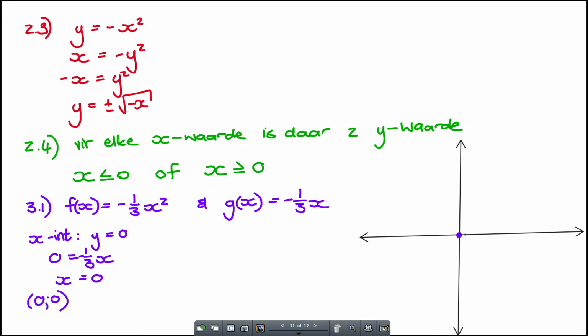So hy gaan definitief hier deur die oorsprong gaan. Now, the same will happen if I get my y-intercept. It's still just going to give me the origin, 0 and 0. Okay. Then the next thing that I want you to look at is the sign over here. When it's a negative gradient, minus 'n derde, beteken my lyn gaan definitief so deurloop. Do you guys agree?